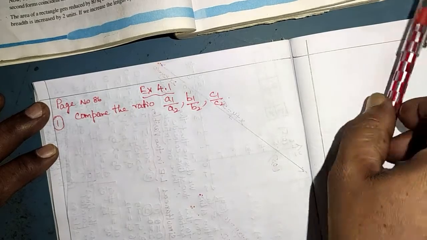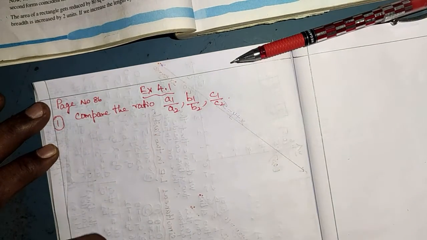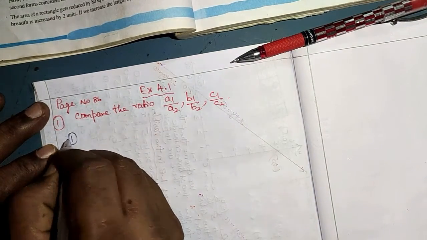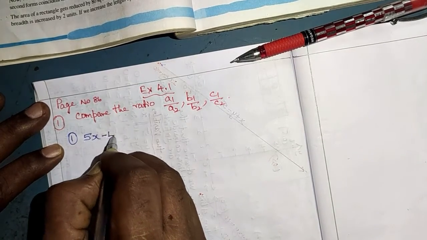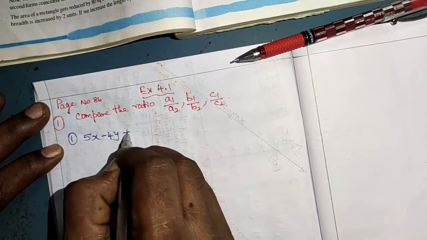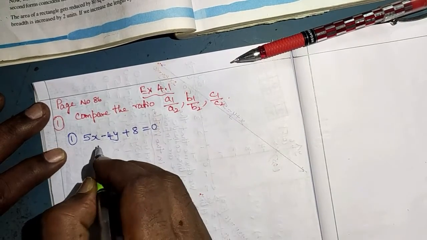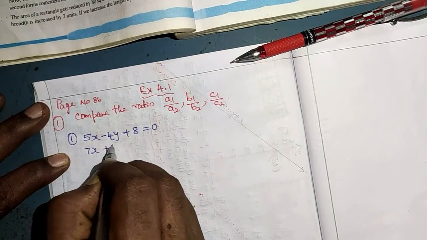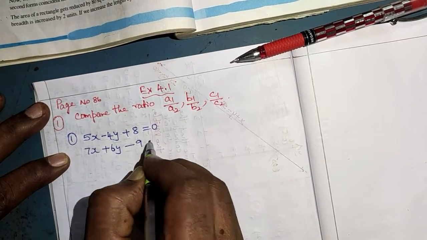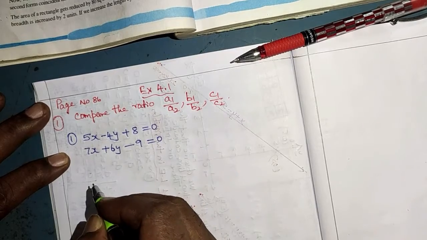What is the first question given there? The first equation is 5x minus 4y plus 8 equals 0. The second one is 7x plus 6y minus 9 equals 0.